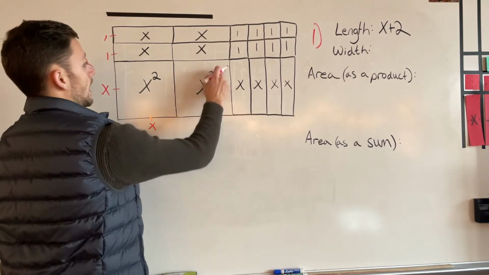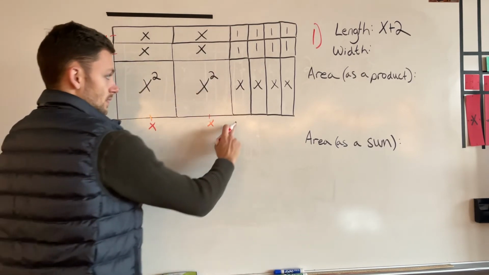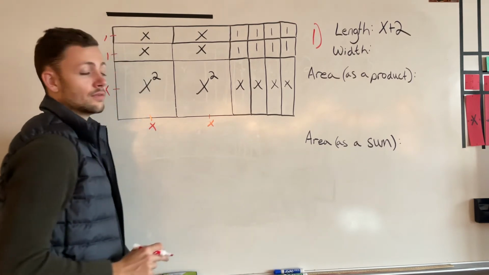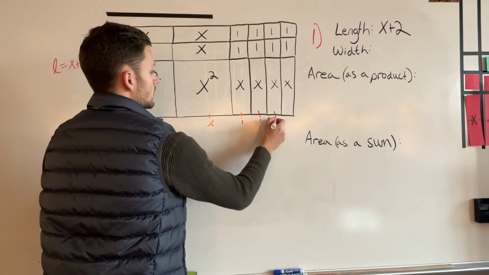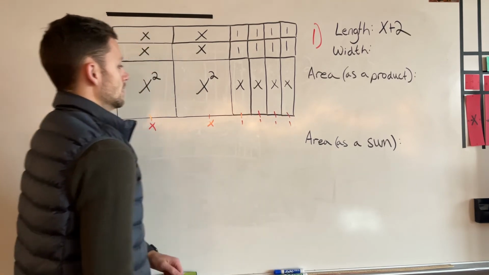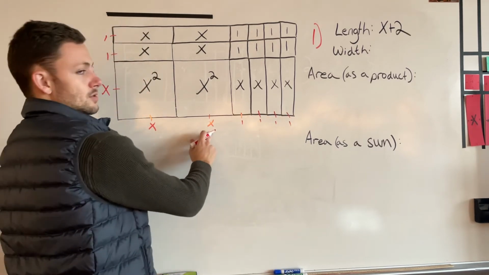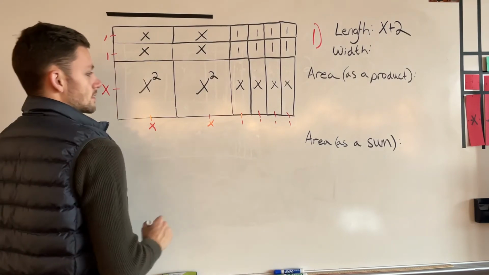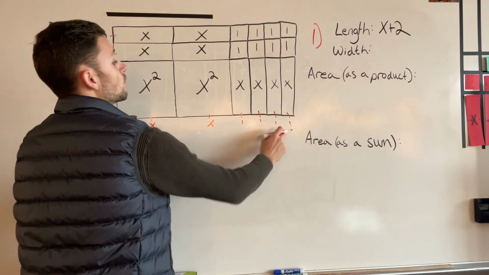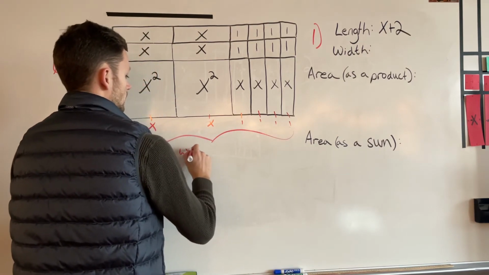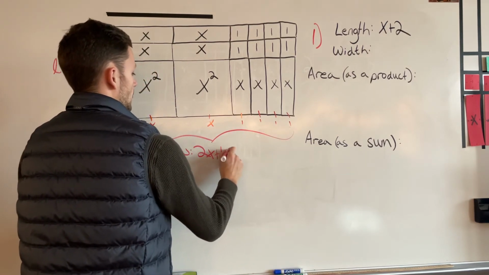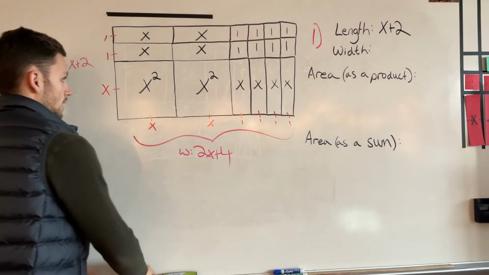Since it's got a length of x but a width of 1, I know that this is a 1, this is a 1, this is a 1, and this is a 1. So I've got x, 2x, so 2x plus 1, 2, 3, 4. So my width is 2x plus 4.